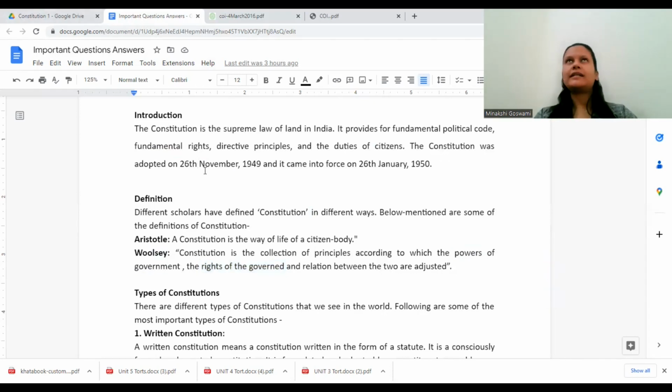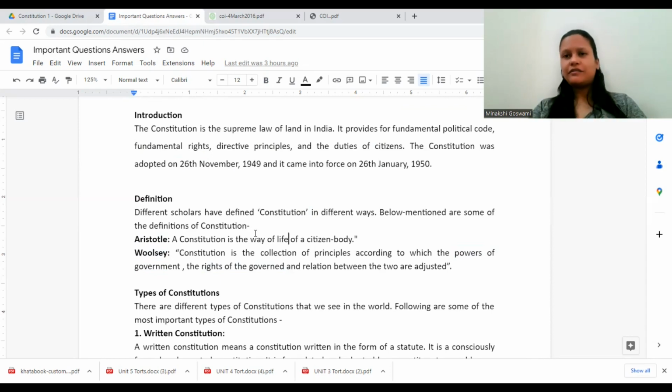Sometimes you might get a question like define Constitution, and after that maybe what are the features of Constitution or something like that. So try to remember these definitions as well. Even if it's a general question that define Constitution, there also after giving an introduction, you can give two definitions if you remember.